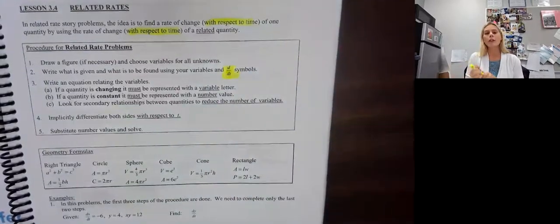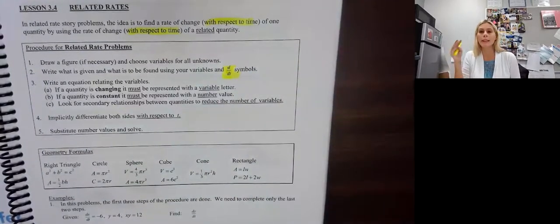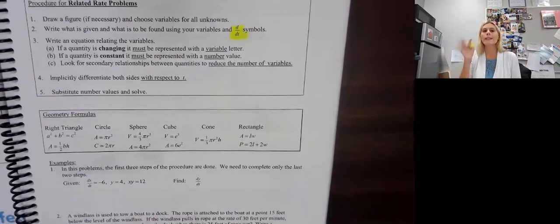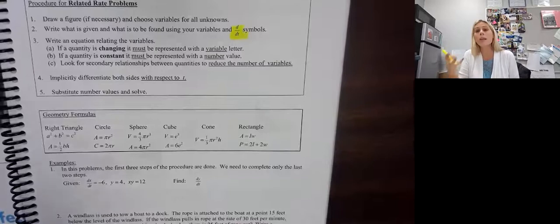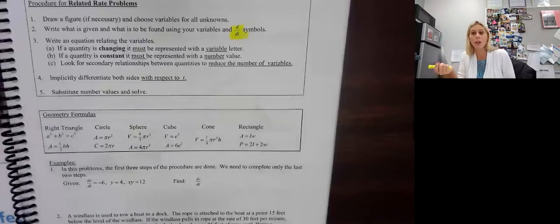So after we read a problem, what you want to do is draw anything that looks nice. I mean, visuals always help. Then you want to write the given information and what you need to find, okay? Now, a couple of things we need to keep in mind, because we are then going to write any equations that will help us with the story. If a quantity is changing, it must be represented with a variable.